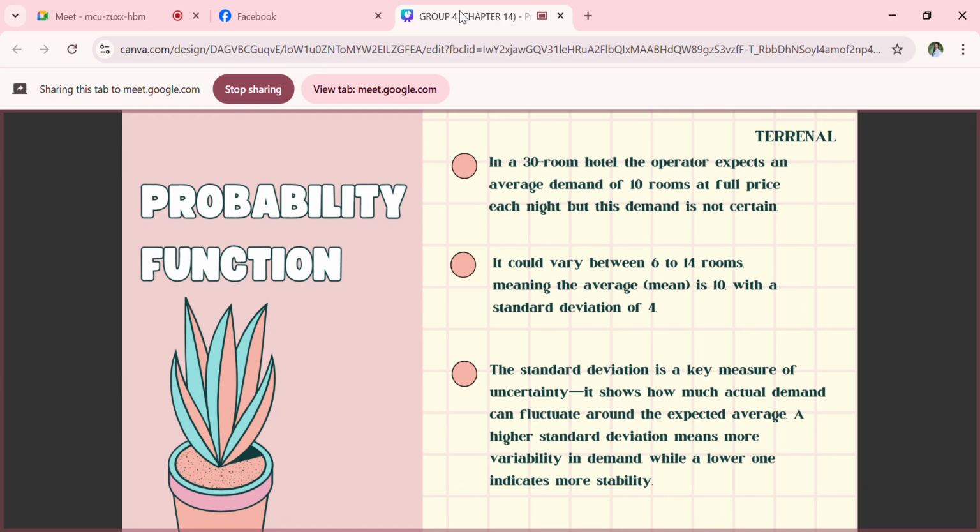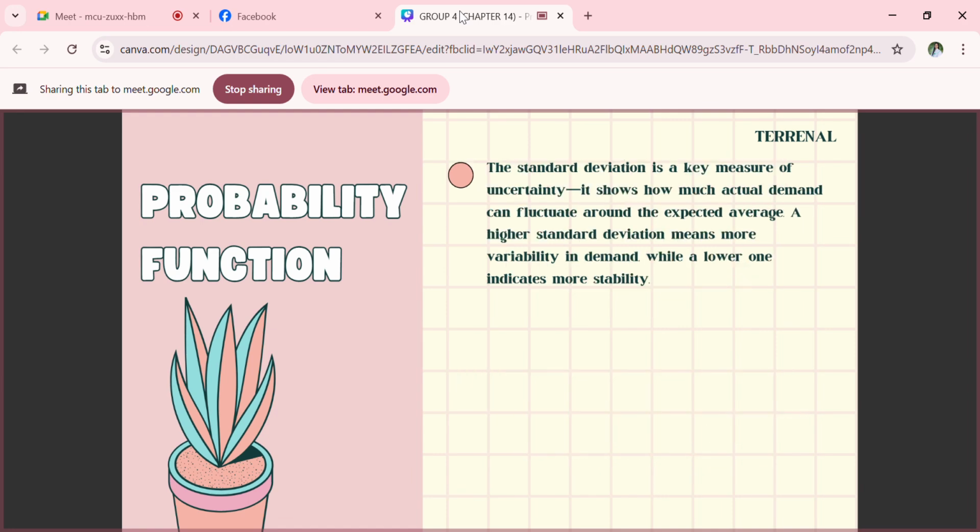The standard deviation is a key measure of uncertainty. It shows how much actual demand can fluctuate around the expected average. A higher standard deviation means more variability in demand, while a lower one indicates more stability.